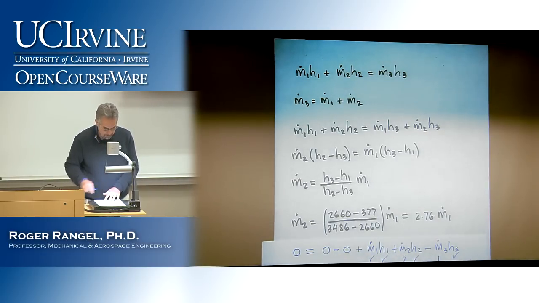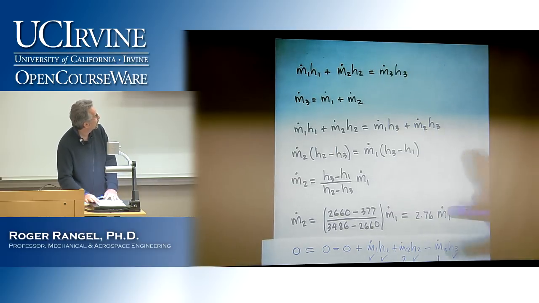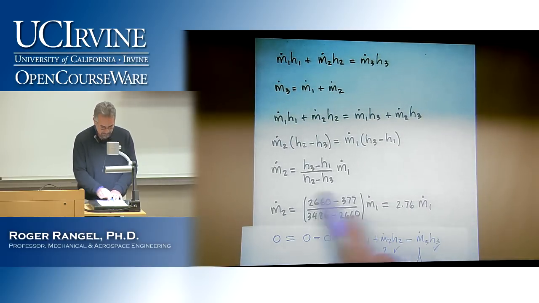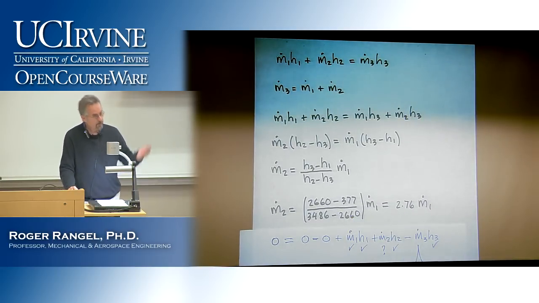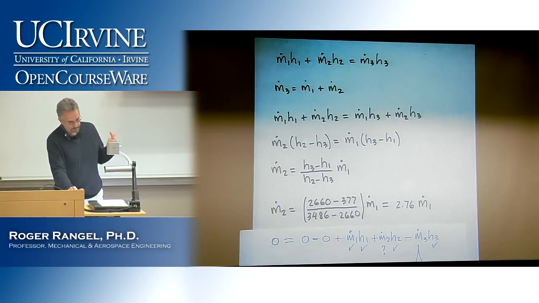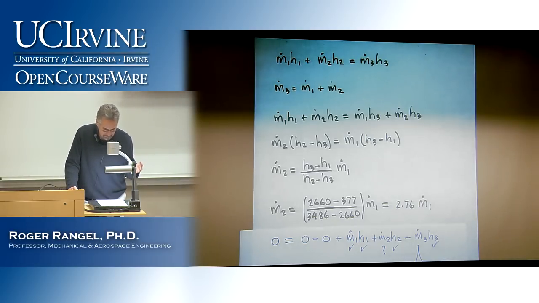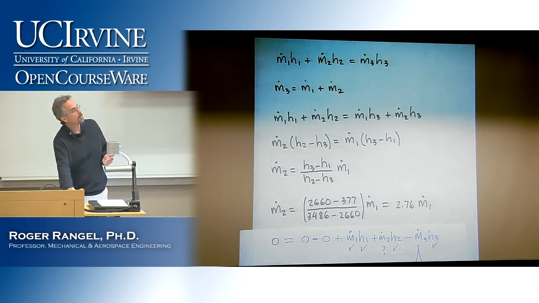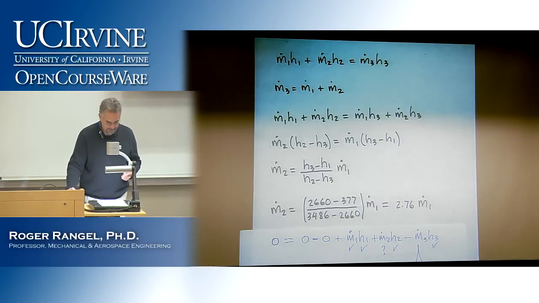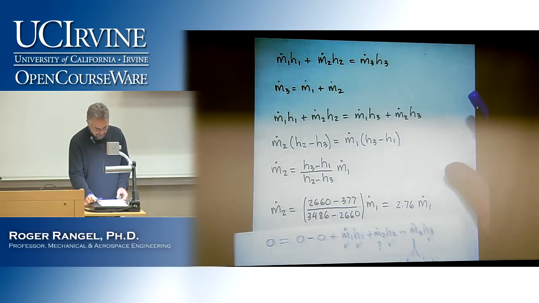If you plug in the numbers for the enthalpies that we pulled out of the table, you find that factor is 2.76. So you need 2.76 kilograms of superheated vapor per kilogram of saturated liquid that you want to convert to saturated vapor.